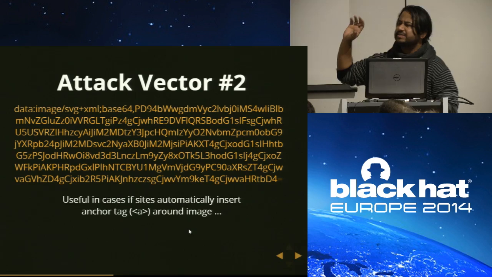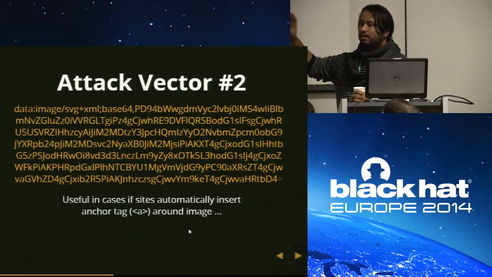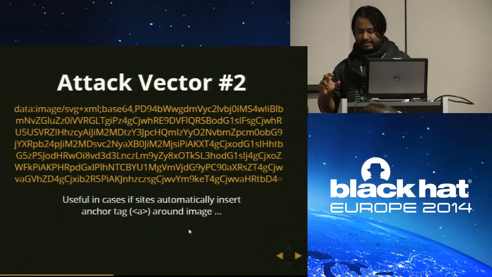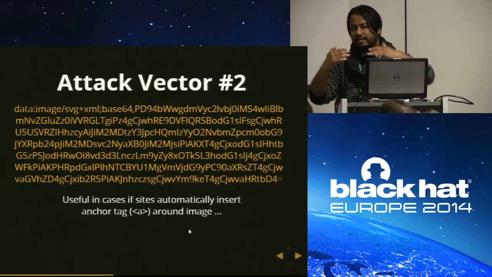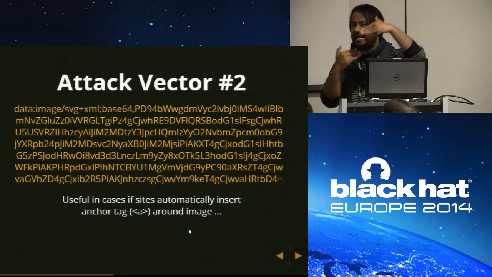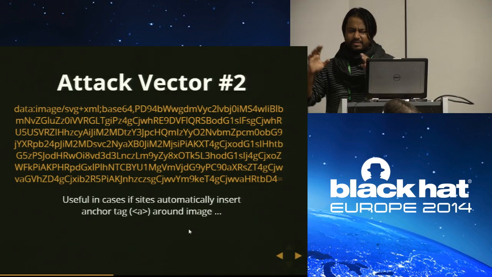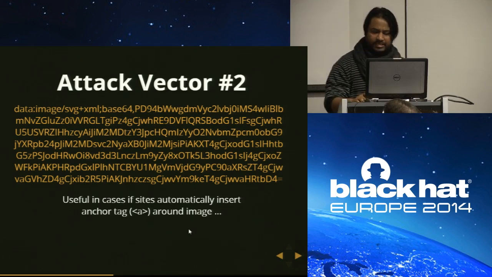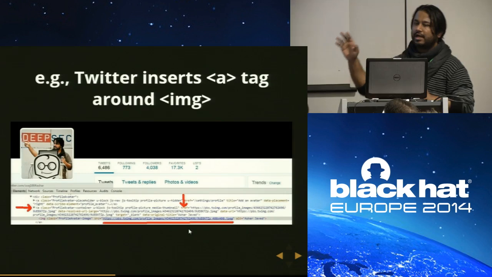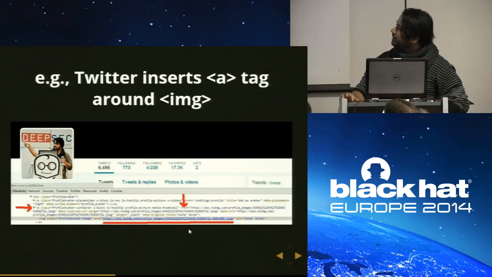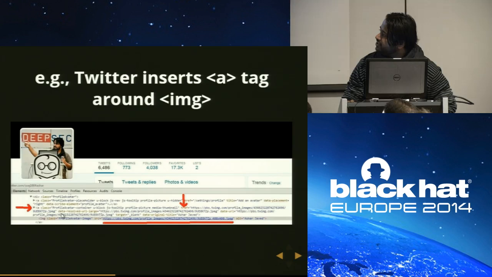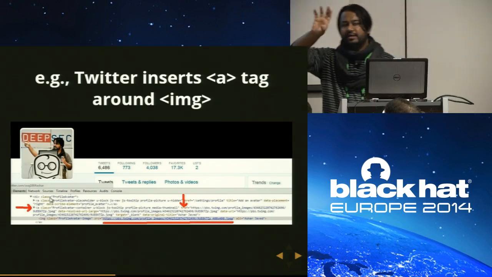But this is only useful if the site dynamically adds an anchor tag around the image tag. It appears often. For example, if you upload your image on Twitter, Twitter dynamically generates an anchor tag and places it around your image tag, so it makes the image a link.